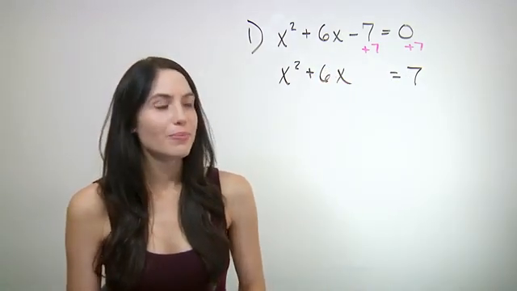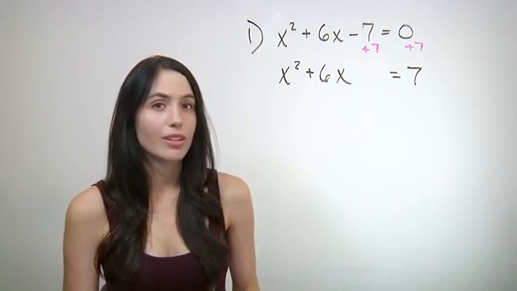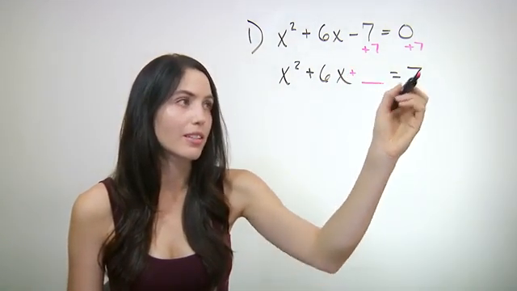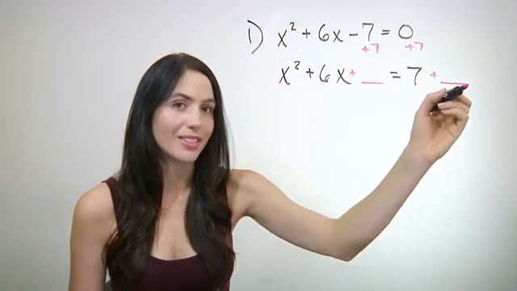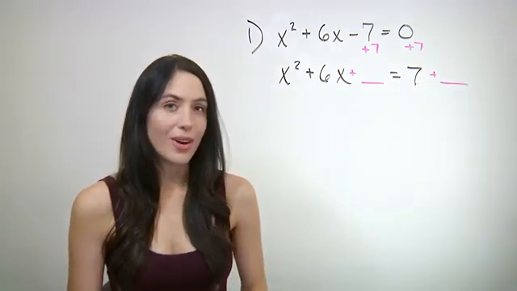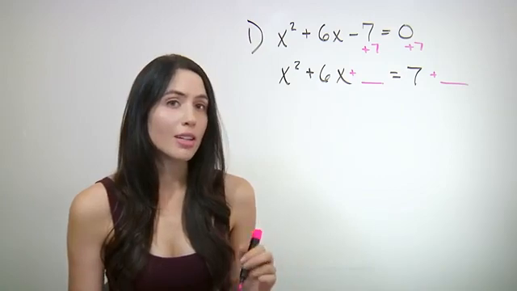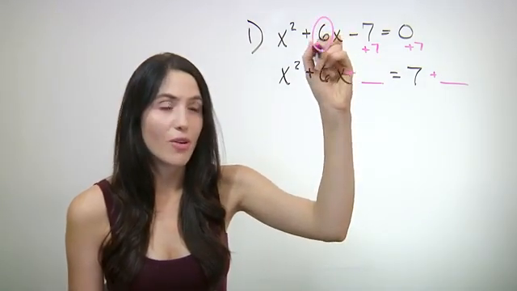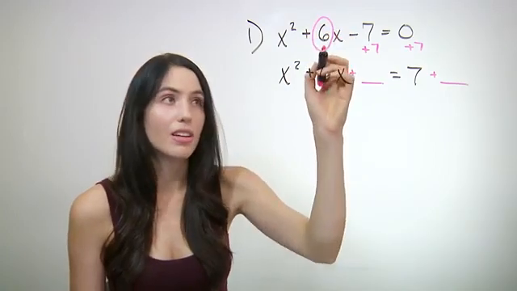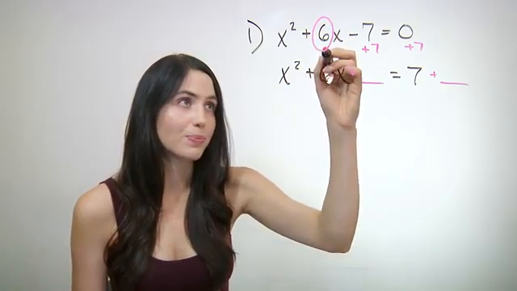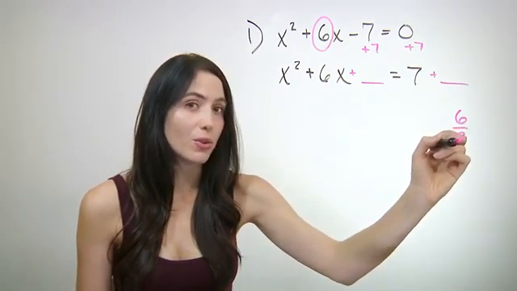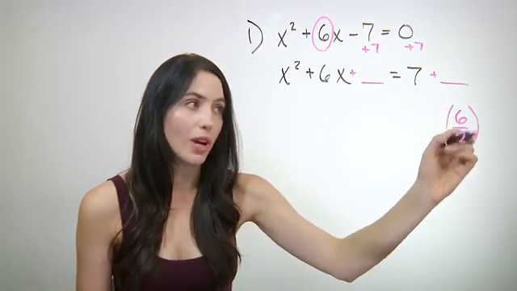The next step is to add a number to both sides. So you're going to have plus something and plus something. What number do you add? You always get the number by taking the coefficient of x, the coefficient of the middle term, in this case 6, dividing it by 2, and squaring it.